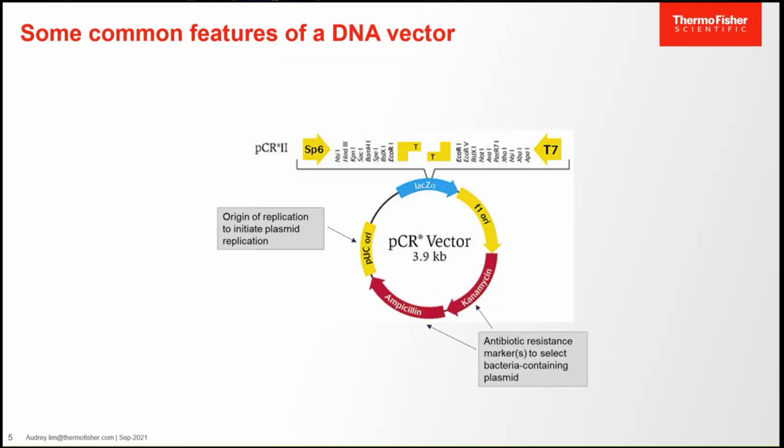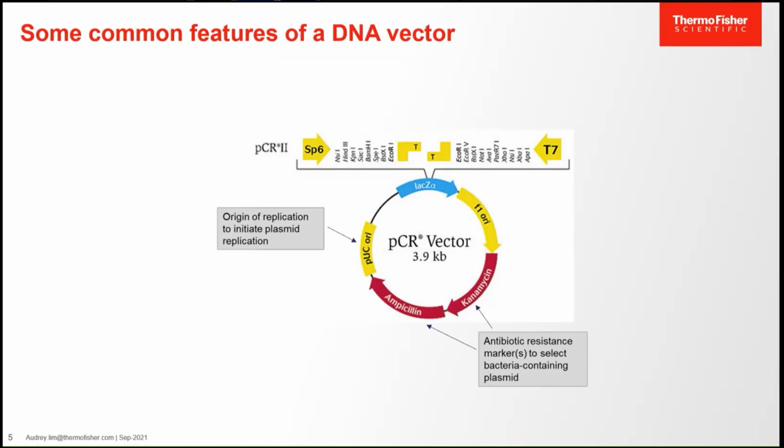Downstream, by plating the bacteria on agar containing antibiotics, this will allow you to select the bacteria that contain a plasmid, as those without the plasmid, which lack the antibiotic resistance marker, will not survive.